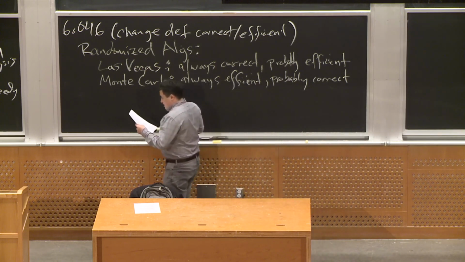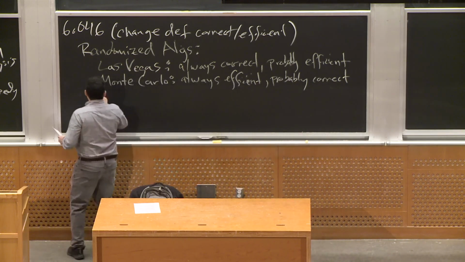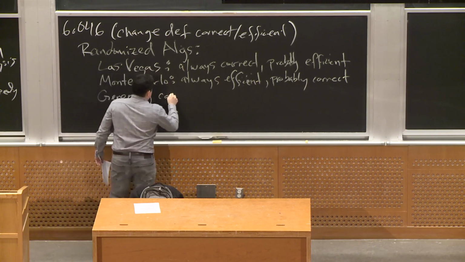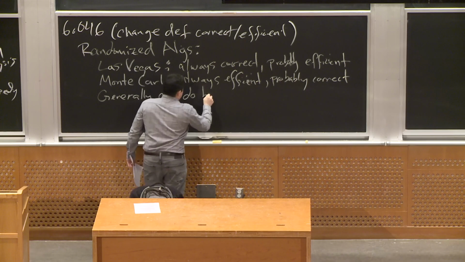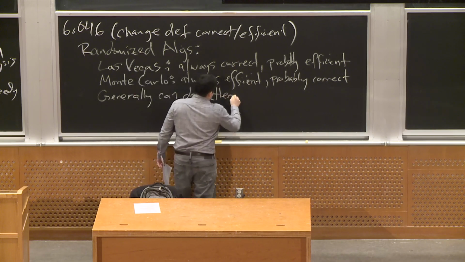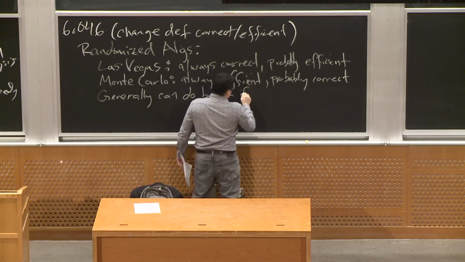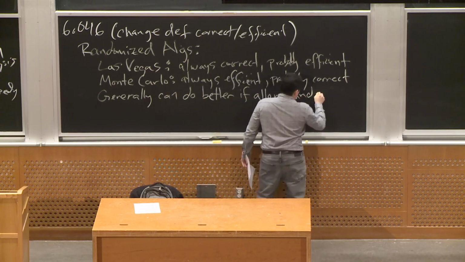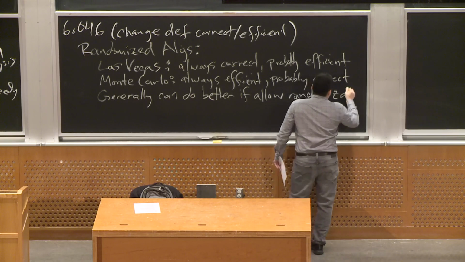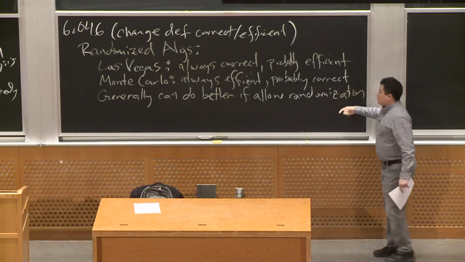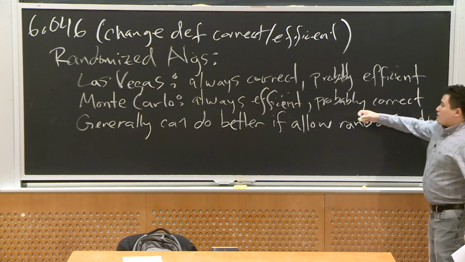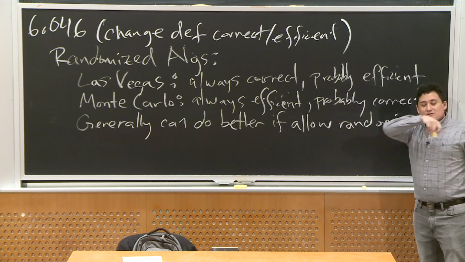Okay, but generally, you can do better if you allow randomization. And by better, I mean, usually we can get faster bounds on a lot of problems if we allow randomization and things aren't necessarily always correct or always efficient.